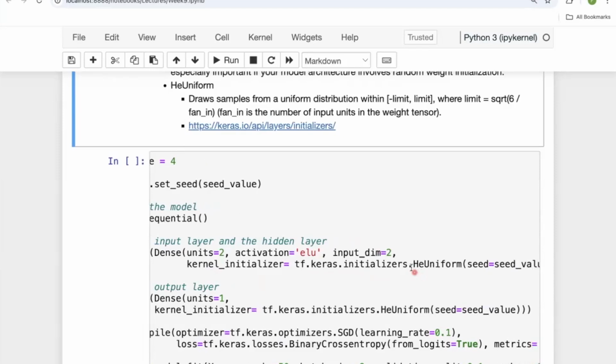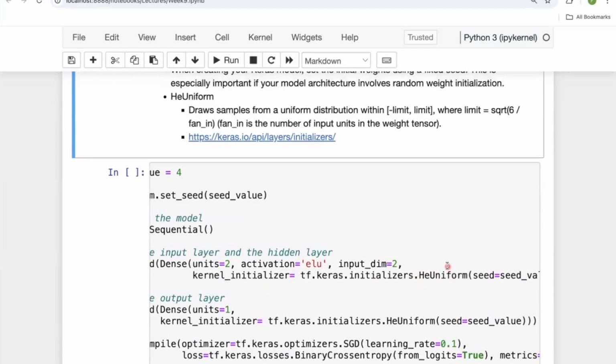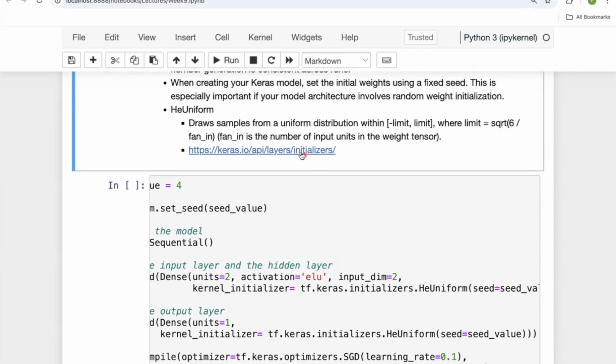One of them is a method called uniform, which is a very simple idea. It samples from a uniform distribution within some limit, from negative limit to limit. We find this number as the square root of 6 over the number of input units in the weight tensor, because we always have some inputs and some outputs going from that layer. So it is 6 over the number of inputs, and we take the square root.